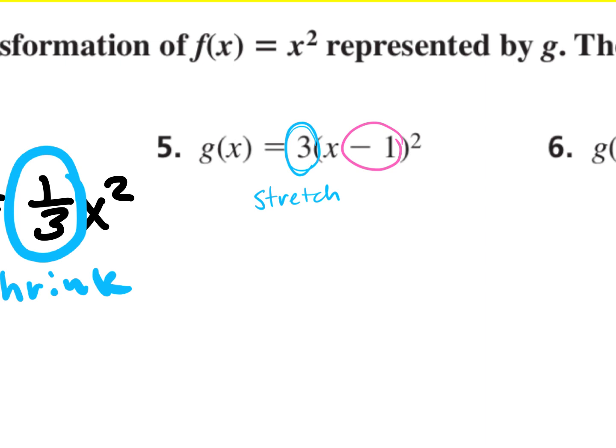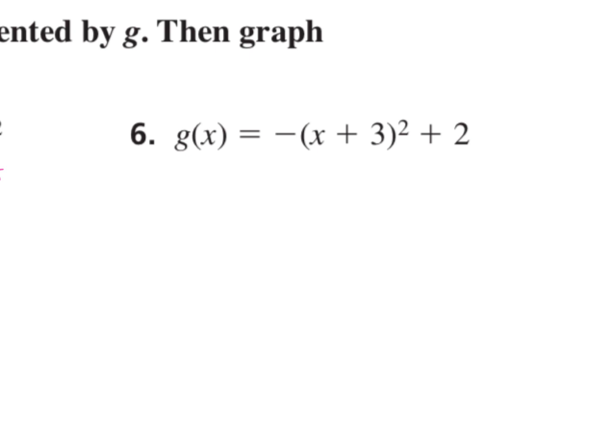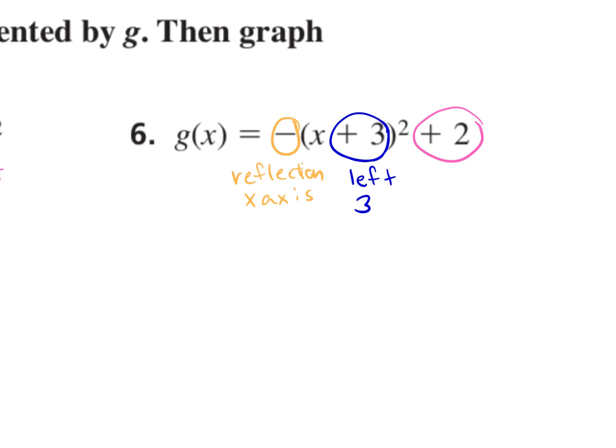When you subtract, that means we're going to the right, so we're going to the right 1 unit. For number 6, multiplying by a negative on the outside is a reflection on the x-axis. When I add 3 on the inside, adding on the inside means we go to the left. And adding on the outside, we're going up, so up 2 units.